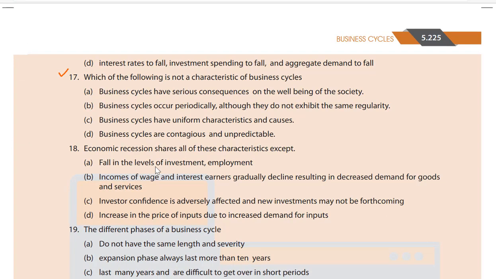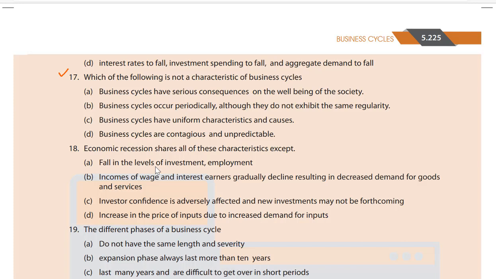Question 17. Which of the following is not a characteristic of business cycle? A. Business cycles have serious consequences on the well-being of the society. B. Business cycles occur periodically, although they do not exhibit the same regularity.